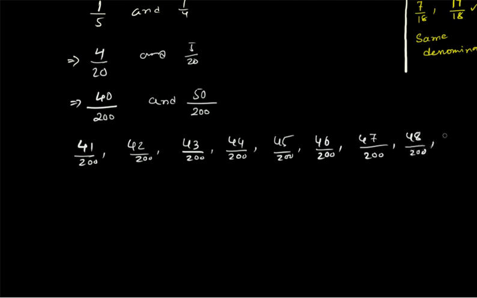The last one will be 49 by 200. All these numbers lie between 1 by 5 and 1 by 4.